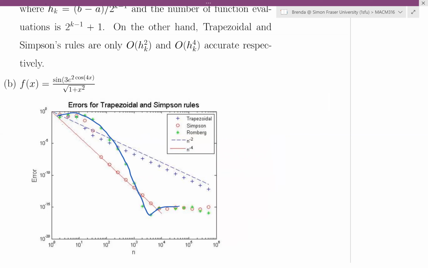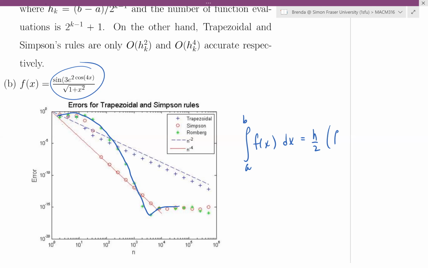So when we have ugly functions, and what does ugly mean? Sometimes we don't get the anticipated gain. And what ugly means here is, in order for the Richardson extrapolation to work, we're thinking, okay, this is what we're doing, H over 2.